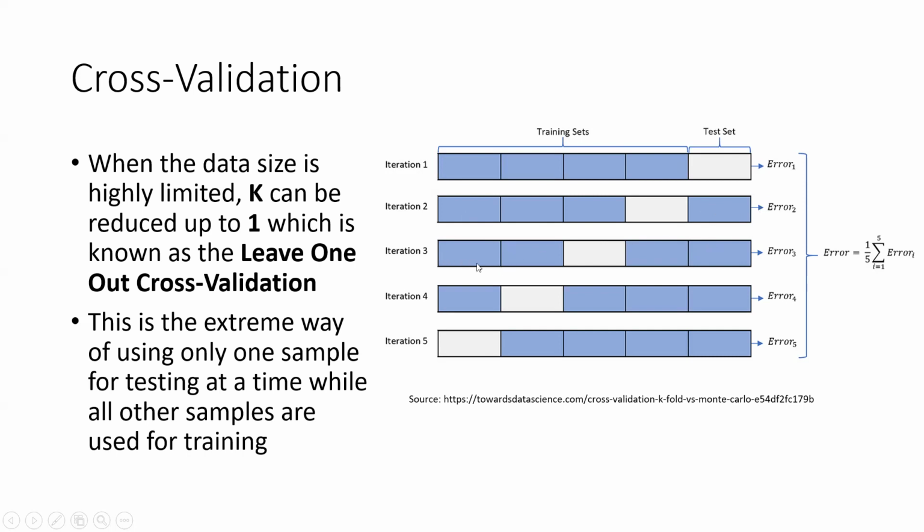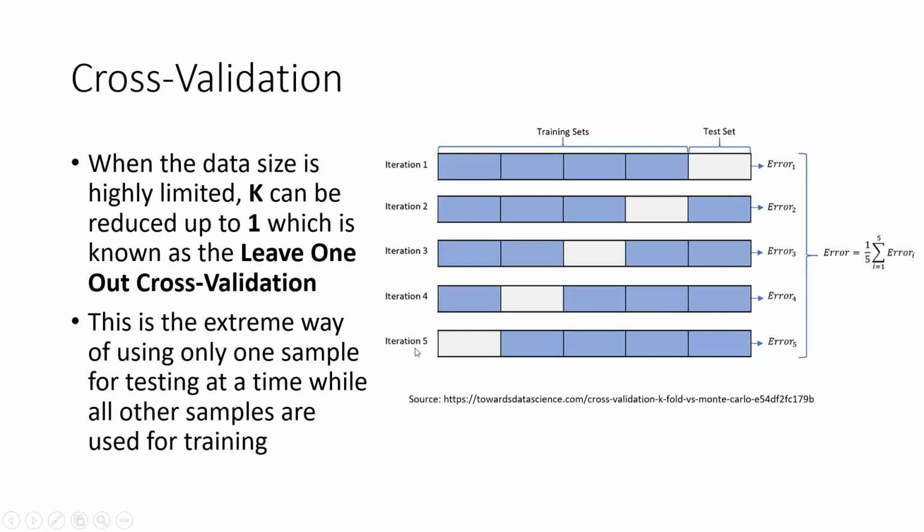For the third iteration, we take the third partition for testing and the remaining partitions for training, right? From here you can get error 3. Similarly, you can use the second partition for testing and the remaining partitions for training in iteration 4 and get error 4.